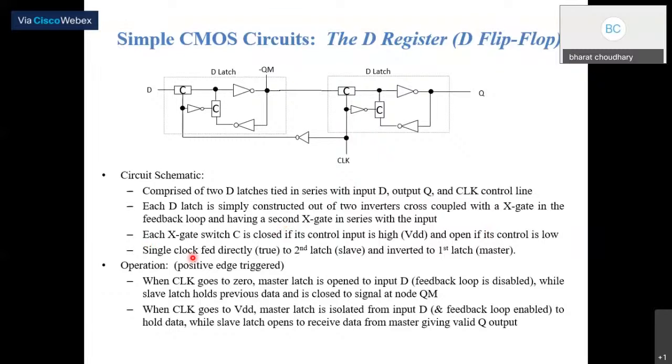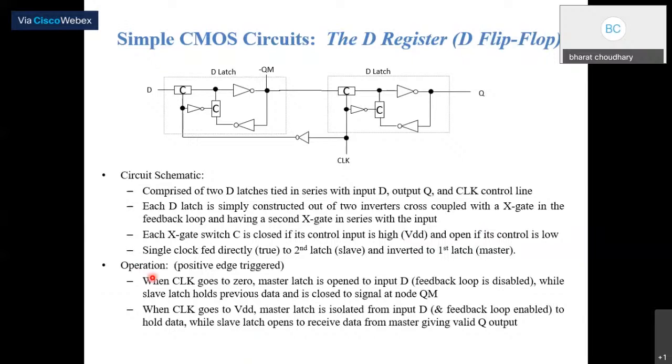A single clock is fed directly to the second latch and inverted to the first latch. This is positive edge triggered, meaning there is a change in the data with the positive rise of the clock pulse.